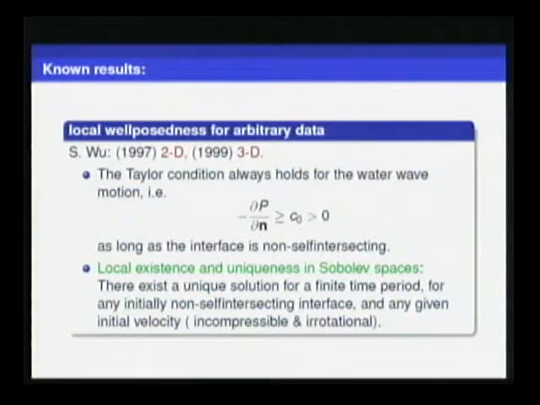And we can solve the equation for a short time, as long as the free surface is non-self-intersecting. Suppose initially the free surface is in H^s, s greater than 4, and then it remains in H^s for a short time. So you can have a short time existence and uniqueness.